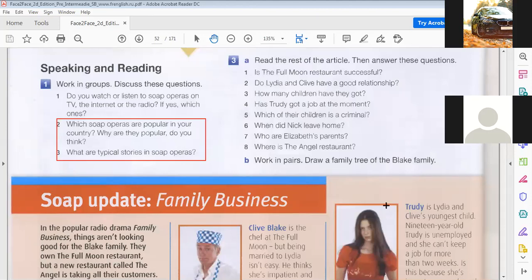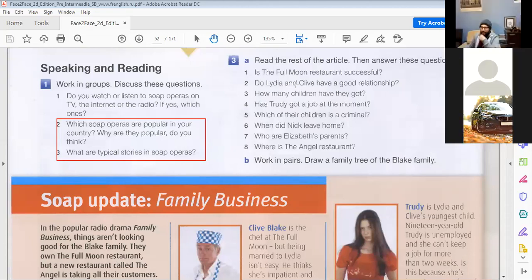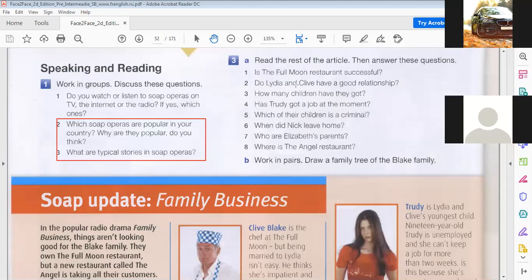Does anybody like soap operas here? Okay, so nobody likes them. Maybe. Yes, I like it. You like soap operas? Yes, sometimes. Okay, but tell me, what do you think are the most popular soap operas in Libya now, in your opinion? Which soap operas are very popular now? What do you think?